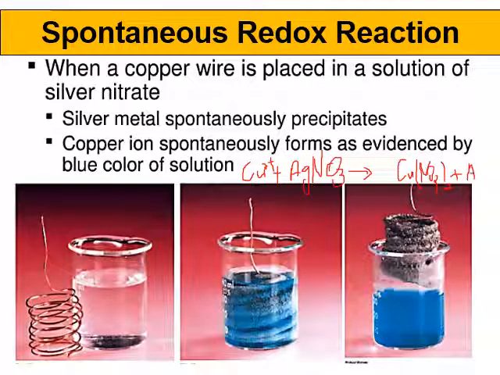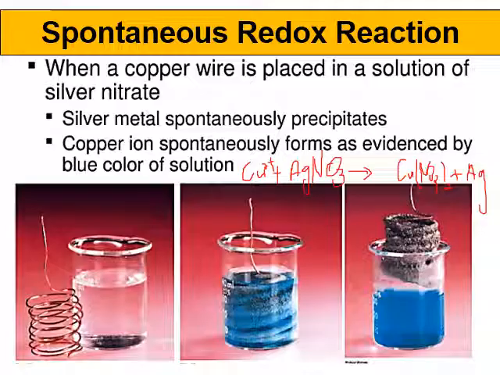That can be proven from this figure. If you look here, copper itself is a solid, a kind of wire. When you put it in silver nitrate, which is a liquid here, you notice that the redox process happens spontaneously, and it shows in the color of the solution.